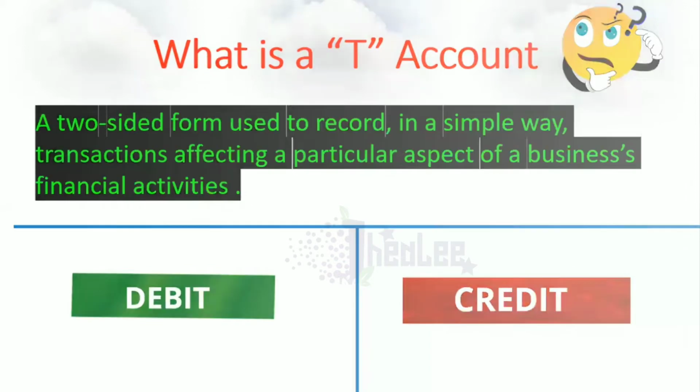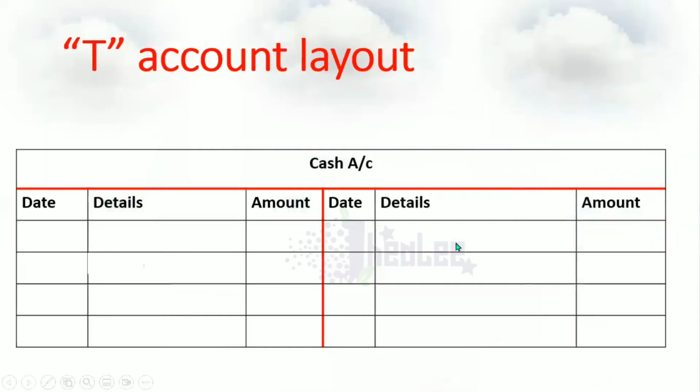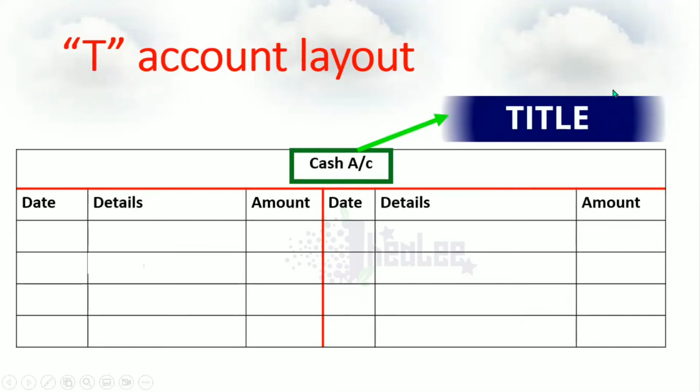Let us now look at the layout of a T account. So we're going to zoom into that. At the top of the T, you're seeing cash account. Now, cash account represents the title. Please note that the items affected by a transaction should have its own account. If the transaction affects cash and it affects bank account, then you'll need a cash account.